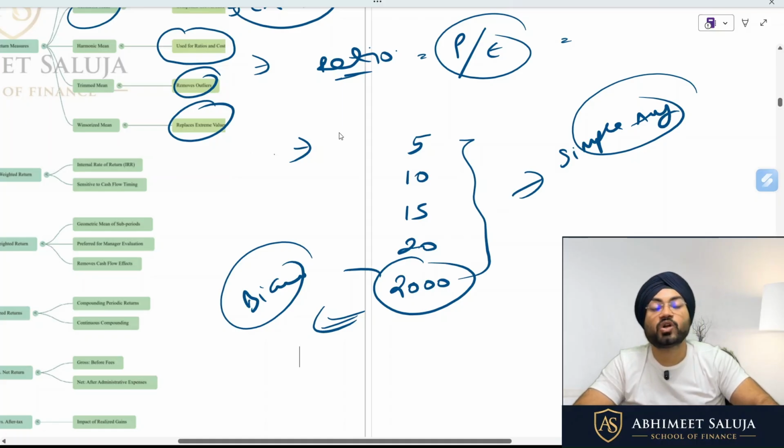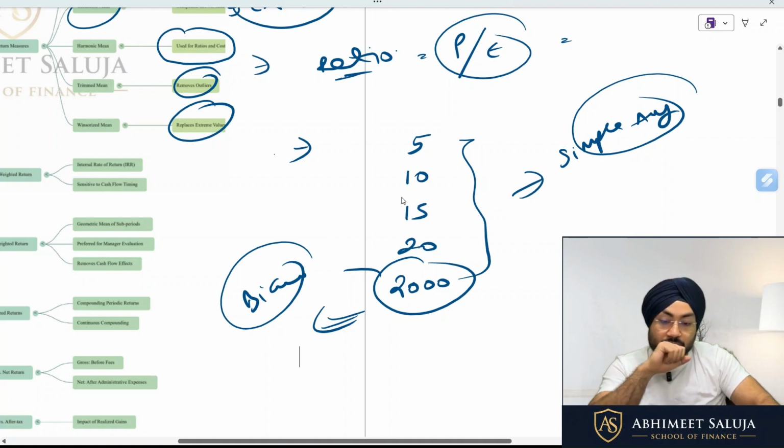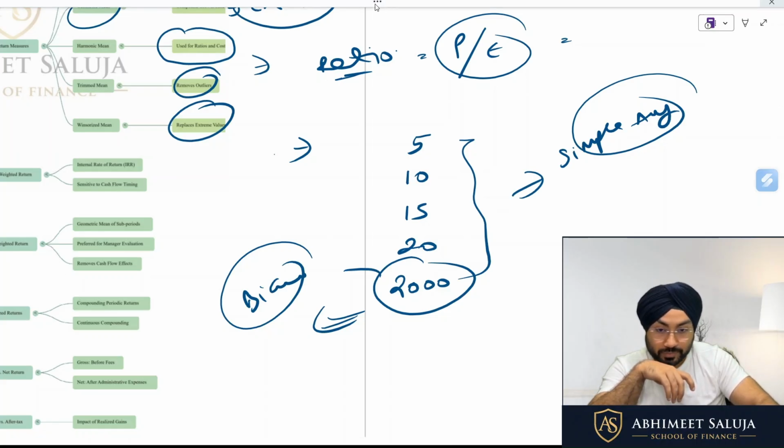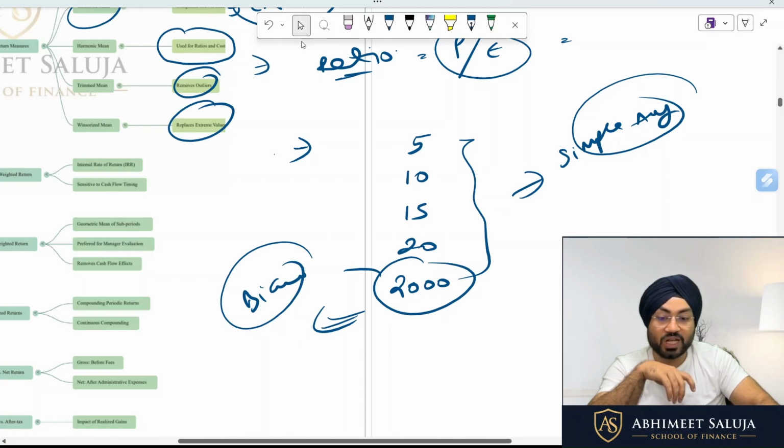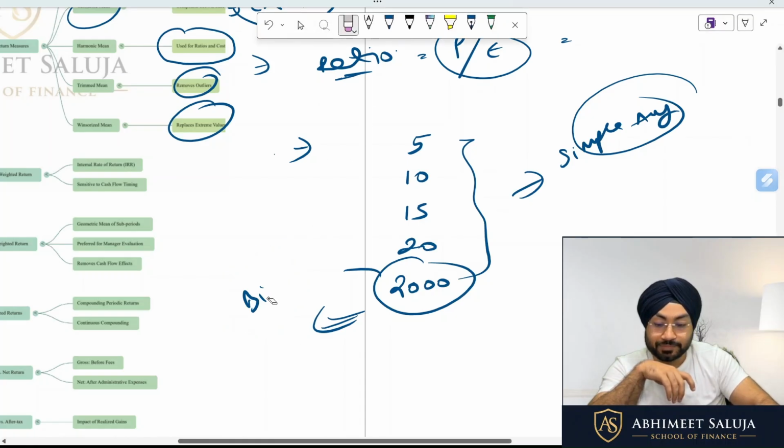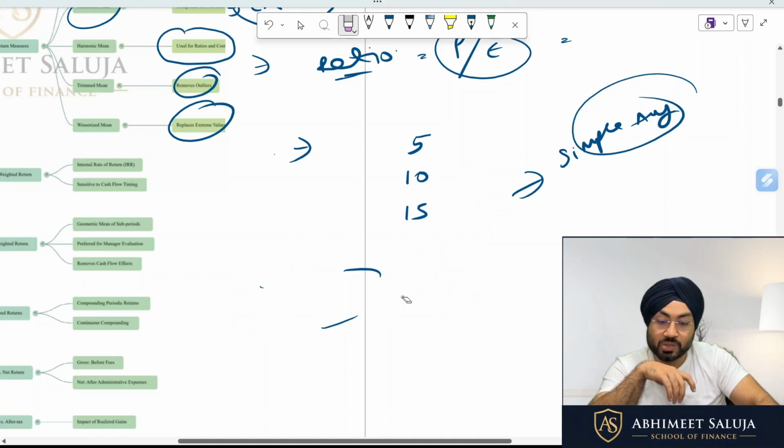In a winsorized mean, you replace the 2000 with the closest value. So it is 5 plus 10 plus 15 plus 20 plus 20, divided by 5. You replace the outlier with the closest value possible. So this is the winsorized mean.